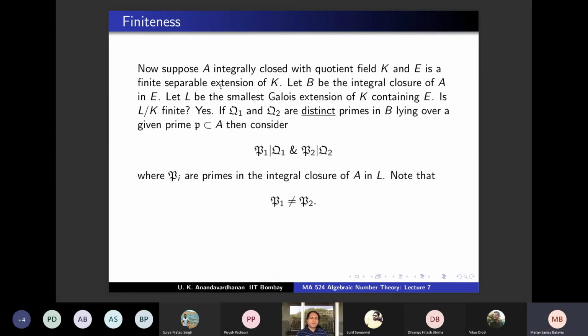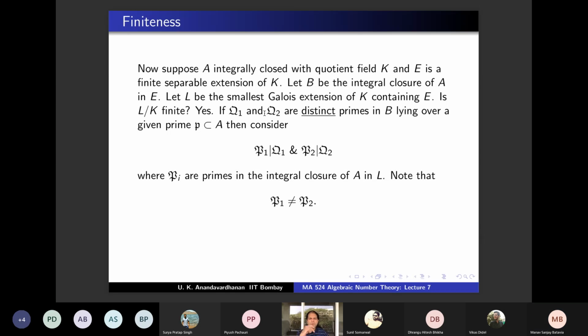P1 is equal to sigma P2. Therefore, such a collection is finite. The collection of Pi is finite because, as you said, P1 is sigma times P2. But I'm also saying that P1 is not equal to P2. And why is that? Because Q1 is not equal to Q2.